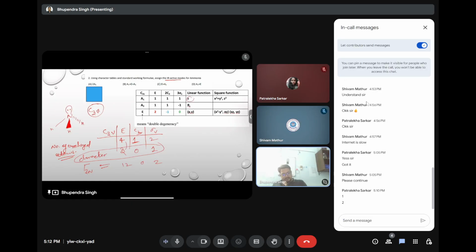So Z and XY: 2 plus 1 is 3, and for C3, -1 plus 1 is 0. For sigma V, 0 plus 1, so plus 1. Okay.